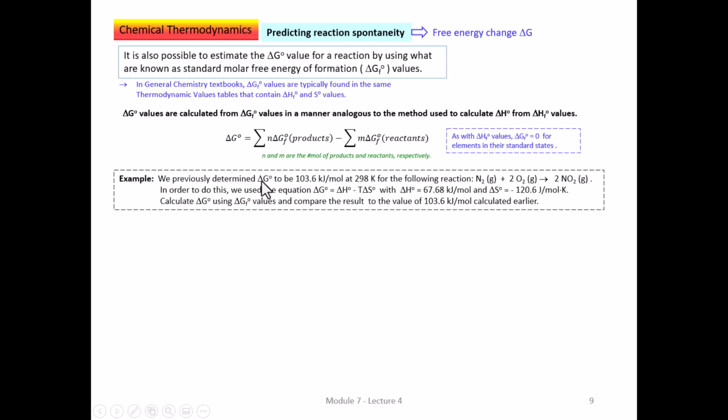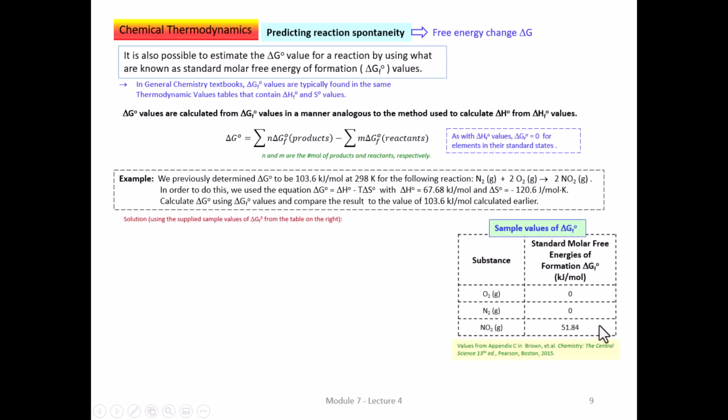Now, we found that delta G by using the equation delta G equals delta H minus T delta S, and we had values for delta H and delta S, and of course the temperature. What we want to do here is calculate delta G using free energy of formation values, and then compare the result to the 103.6 that we got using delta G equals delta H minus T delta S.